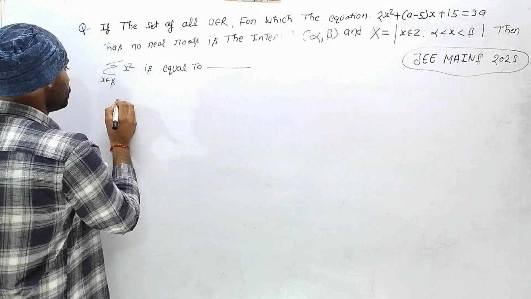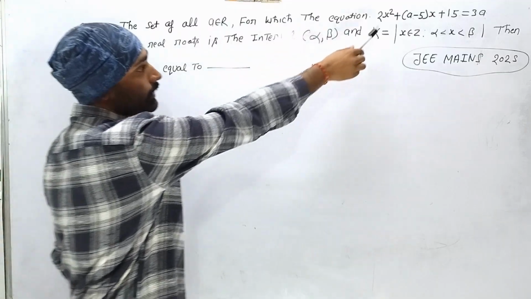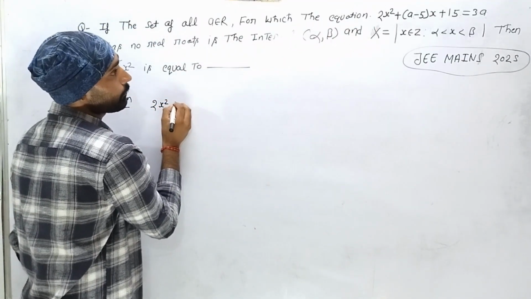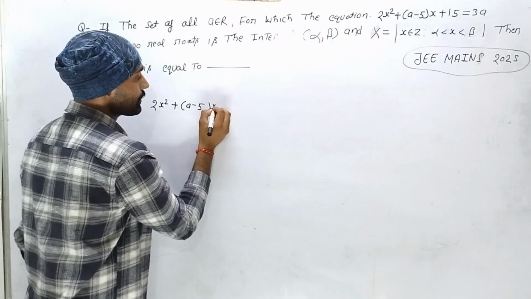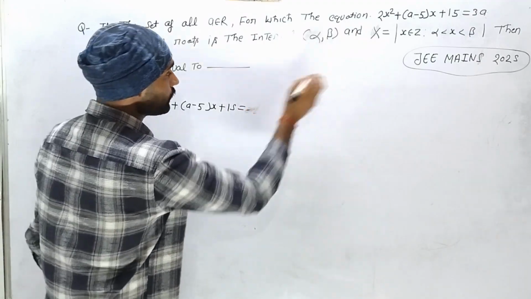Now we start. At first we write the equation 2x square plus (a minus 5)x plus 15 equal to 3a.